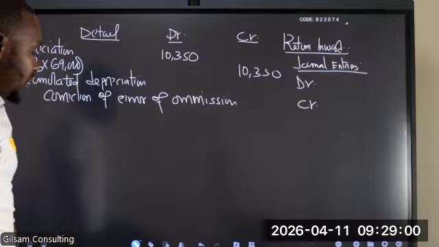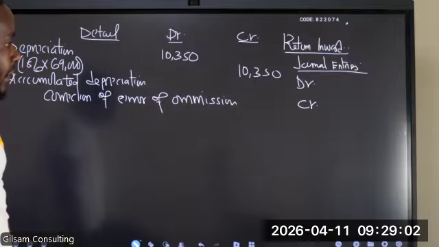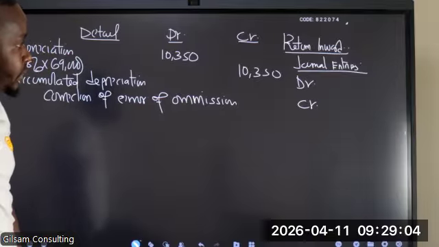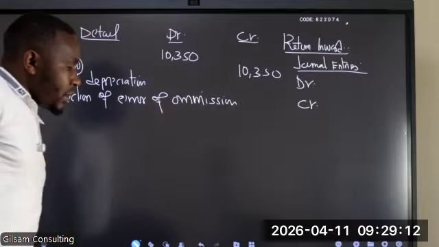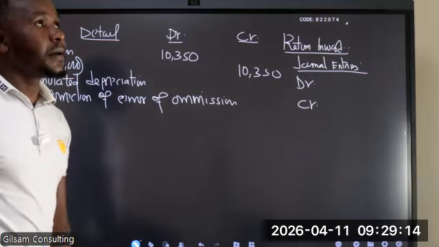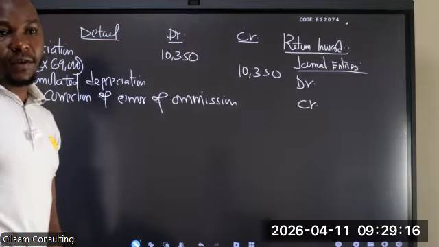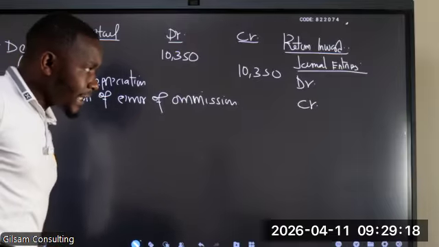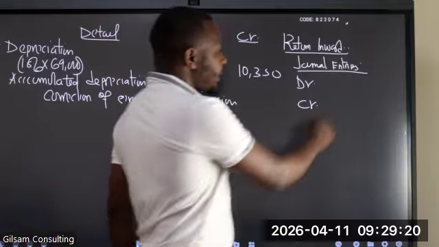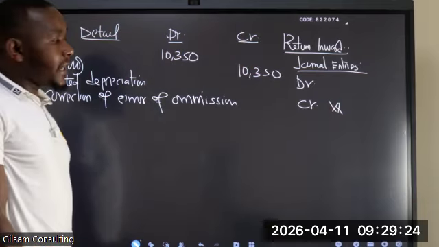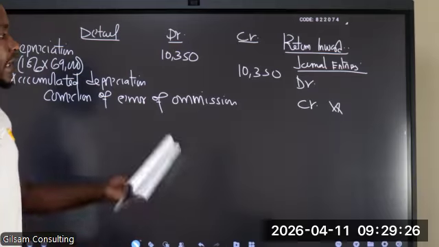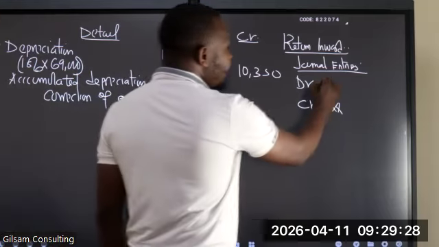All the questions we have been doing have had return inward. So we debit where, we credit where? This is the sales which is returned by the customer. First, you have credited that amount, because it was the sales. Now the customer is returning it back. What do you do?